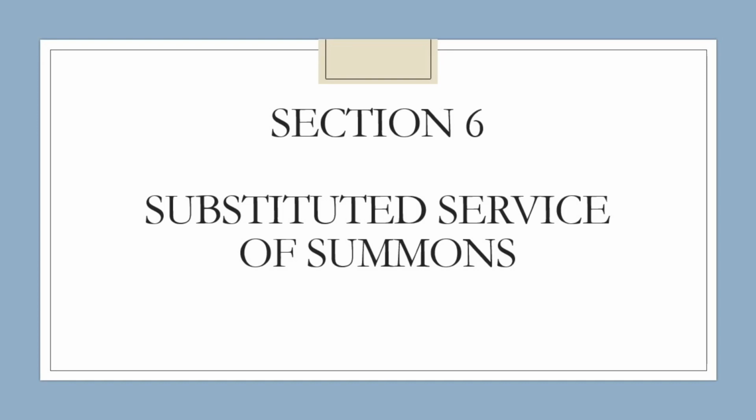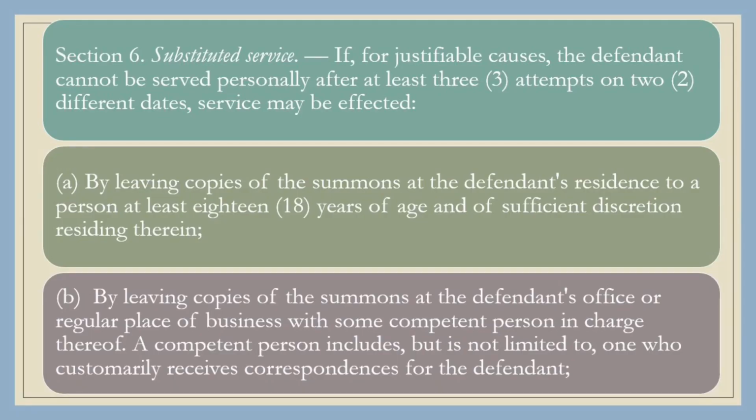Section 6. Substituted service of summons. If, for justifiable causes, the defendant cannot be served personally after at least 3 attempts on 2 different dates, service may be effected: A. By leaving copies of the summons at the defendant's residence to a person at least 18 years of age and of sufficient discretion residing therein.